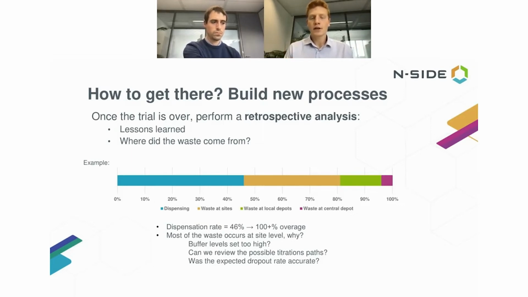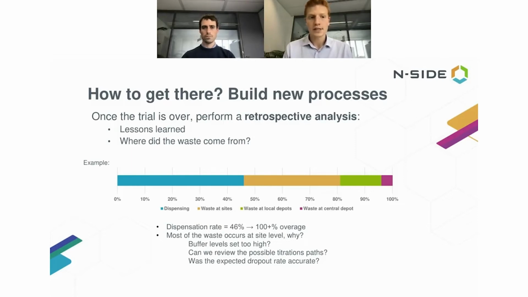The waste is not only a KPI that we define at the beginning of the trial, it is something that we should follow along the trial. The good thing with the retrospective analysis is to be able to check all the lessons learned of this trial, to find solutions for the next time the problem might arise, but also to try to locate, for instance, the waste.